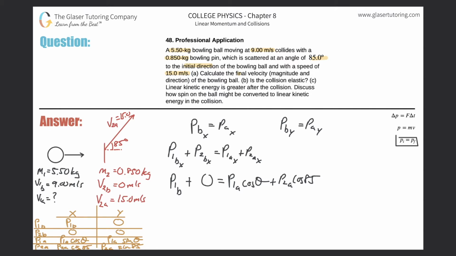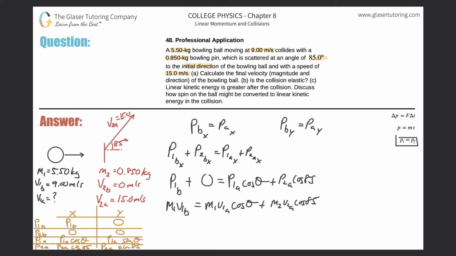So now let's simplify this. I'm going to start breaking these up into x's and y's. So breaking this up would be m1 v1b, which should equal m1 v1a times the cosine of the angle, plus m2 v2a times the cosine of 85.